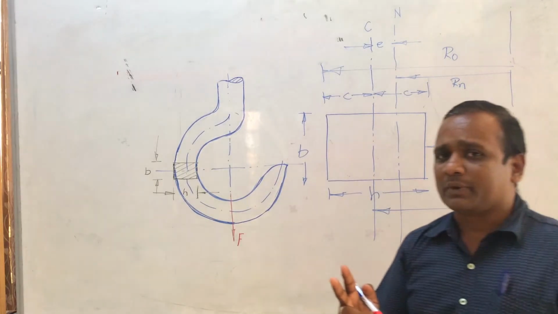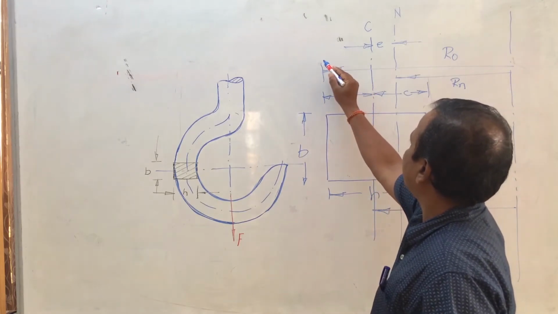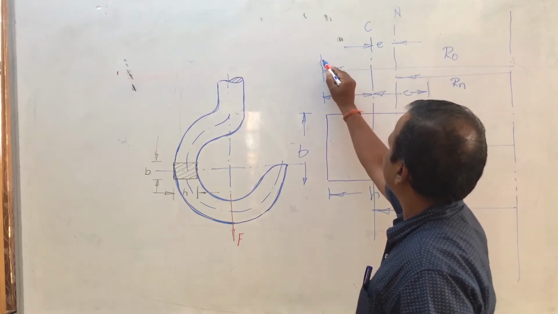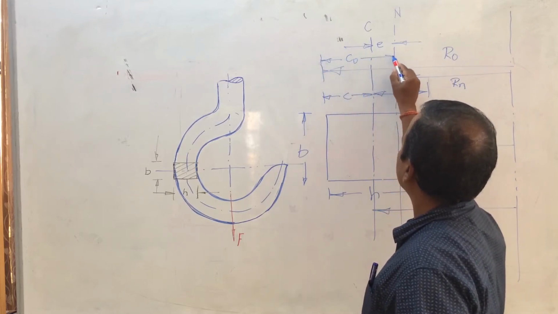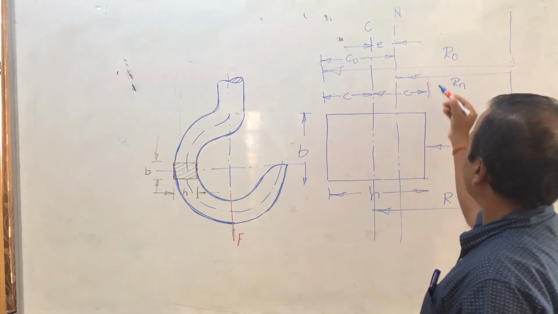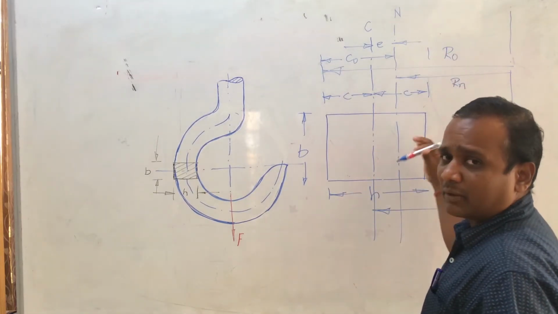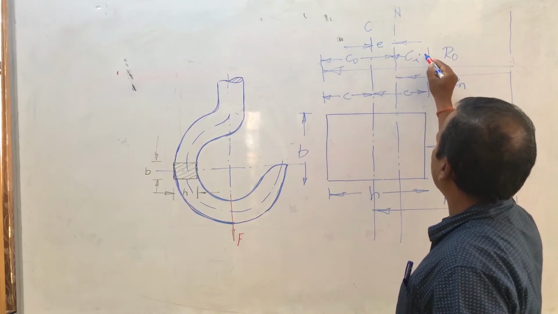Two other parameters need to be considered here. The distance from the outer race to the neutral axis, I call CO. Similarly, the distance from the neutral axis to the inner race or inner part of the member, I call CI.